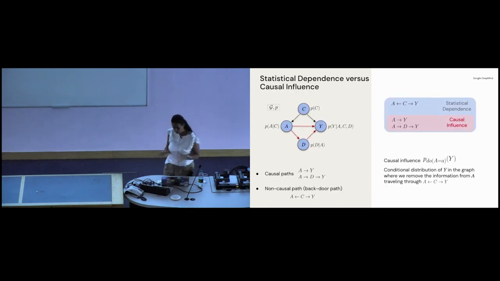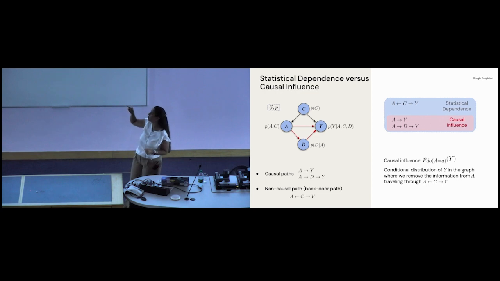Okay, so in general, if we look at the directed acyclic graph, we can understand whether there's a statistical dependency, a causal influence, or pure correlation. On the one hand, the causal dependencies are given by the causal paths, the directed paths in this graph that are highlighted in red.